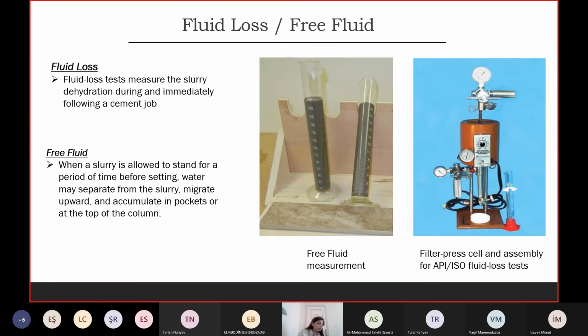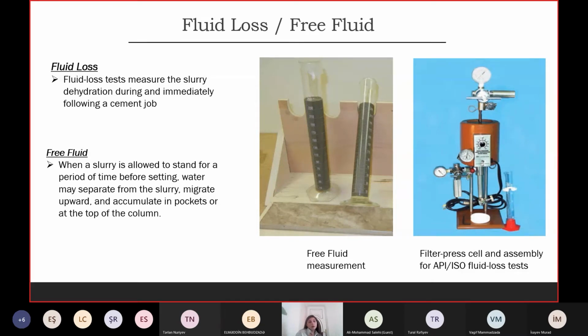Okay, and more something to very big pores in the formation. So high fluid loss would be required.